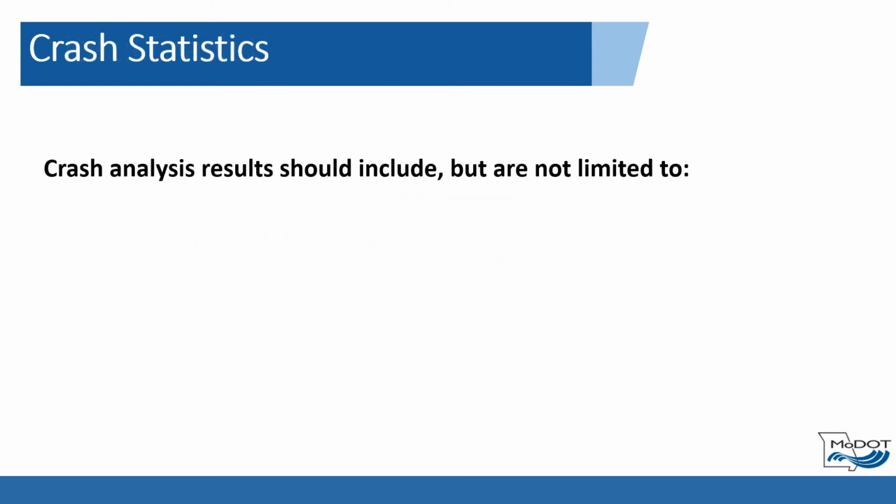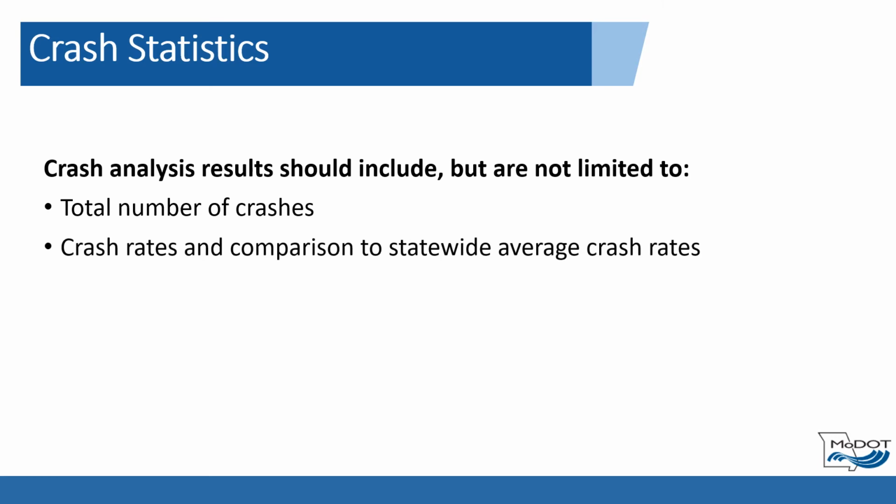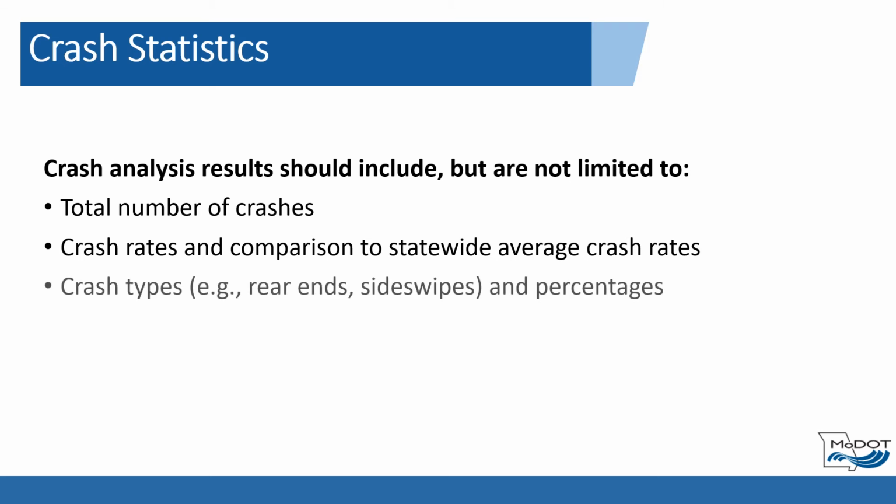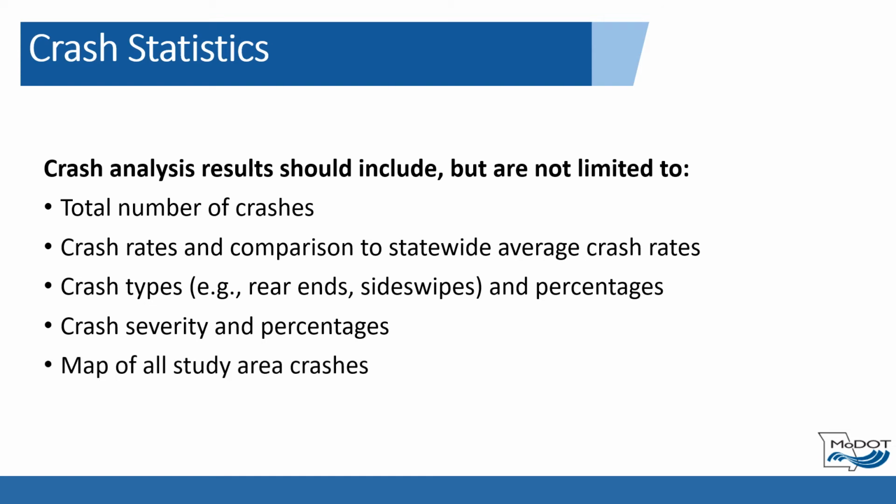Results from the crash analyses should be summarized in a report format. Crash analysis results should include, but are not limited to, total number of crashes, crash rates and comparison to statewide average crash rates, crash types and percentages, crash severity and percentages, and a map of all study area crashes.